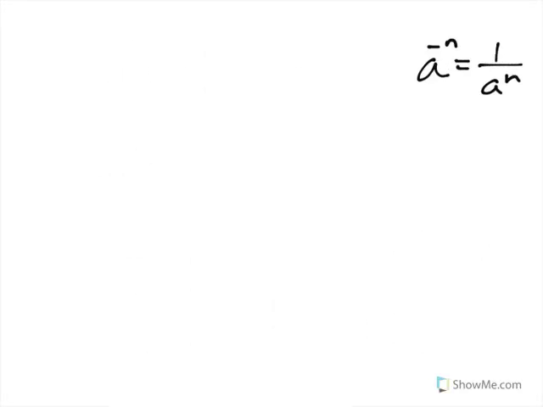So let's have a look at something a bit more involved, something similar to what I did in some of the tutorials, and I said you will be able to see it more clearly. So we're asked to simplify 6a to the power of 4, b to the power of 6, divided by 12, a to the power of 3, b to the power of, let's say, 4, and just a c on its own at the bottom.